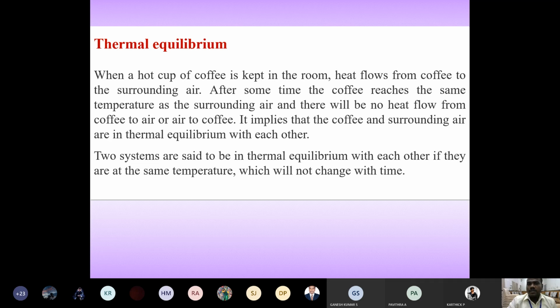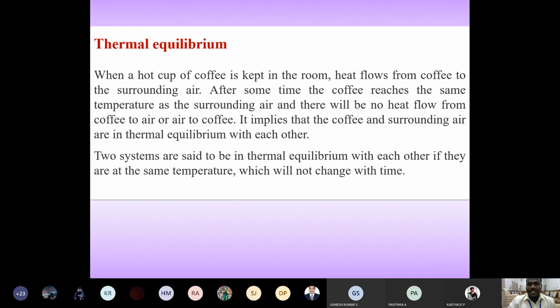After some time, the coffee reaches the same temperature as the surrounding air, and there will be no heat flow from coffee to air or air to coffee, right? If we keep the coffee for a certain time, there will be no heat transfer because the temperature of the coffee will reach the temperature of the surrounding air.